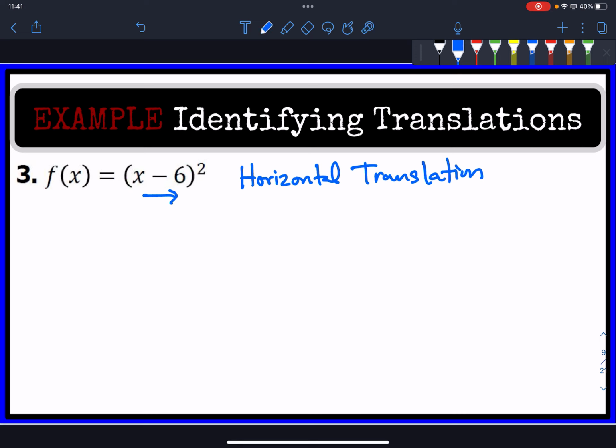So this is going to shift our quadratic function, our square function, 6 units right. I drew the arrow to the right, and for some reason I wrote left, but it's right.